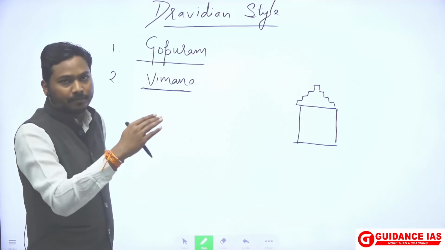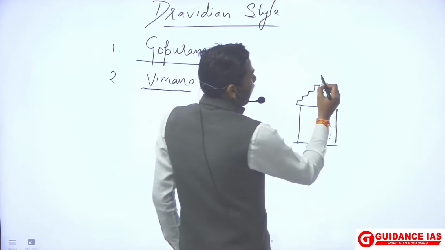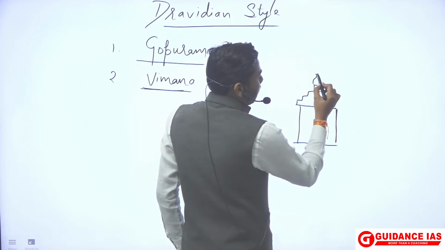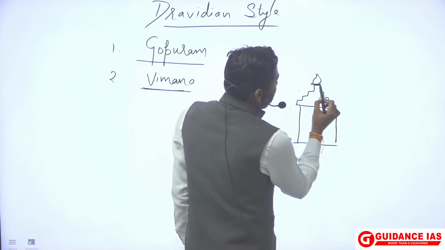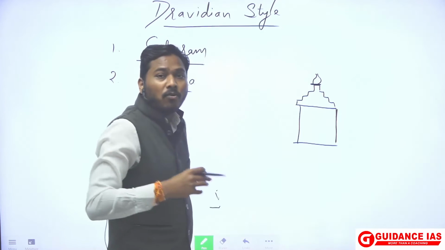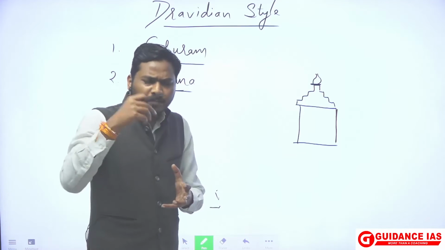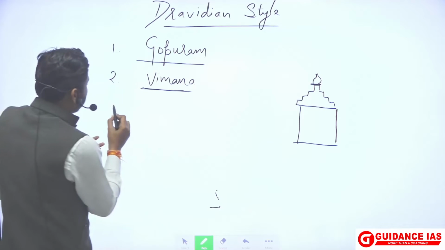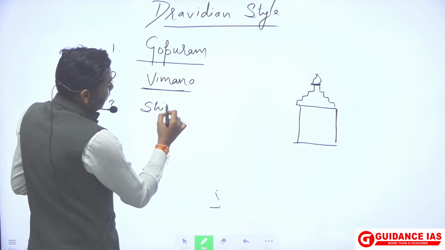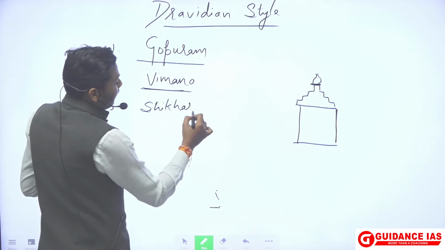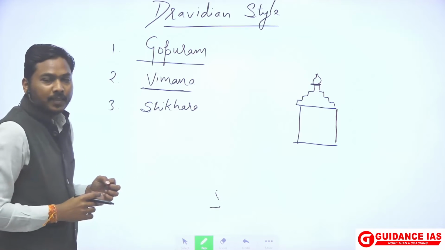Above this Viman, there is a crowning element, which is again a Kalash. Clear? Now this Kalash and all other crowning things like the flag, this particular thing is called Shikhar in Dravidian style. Clear?